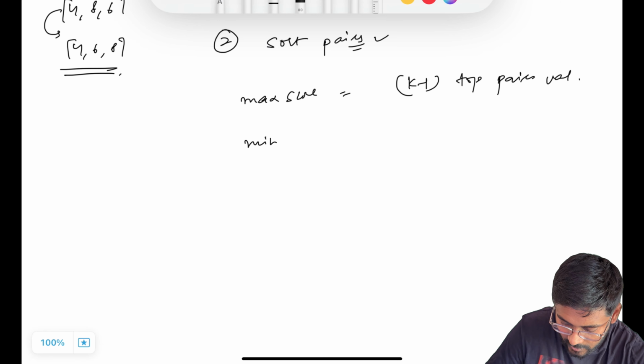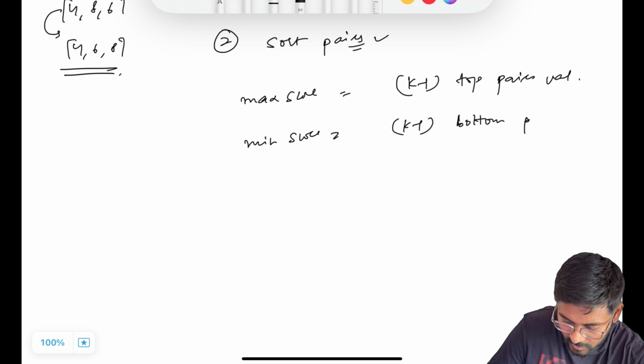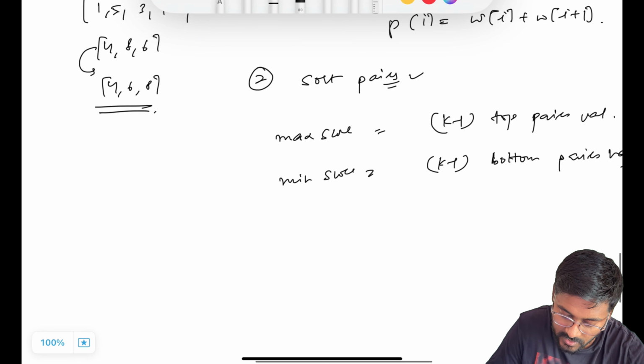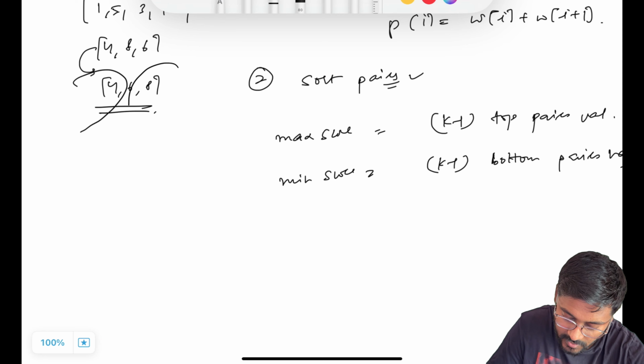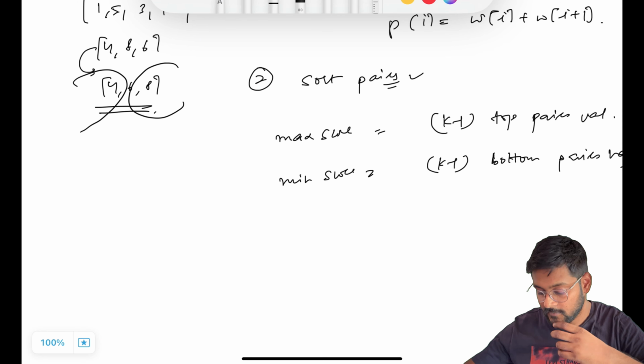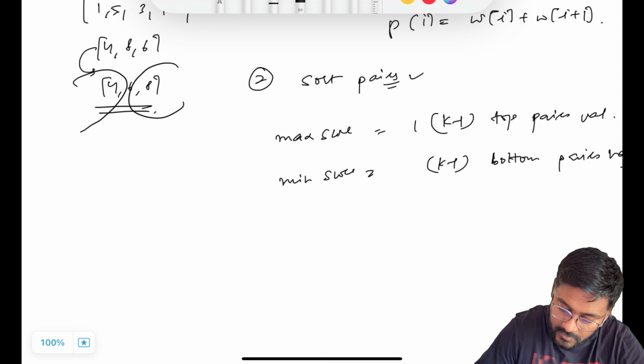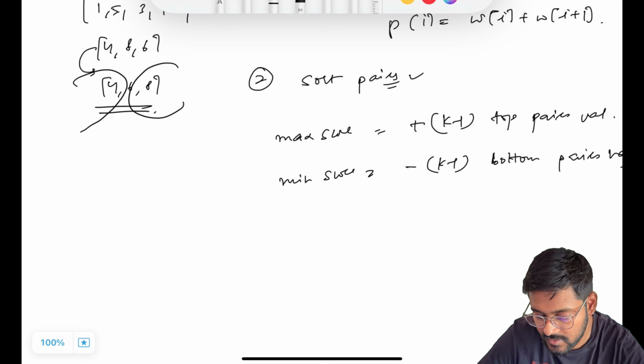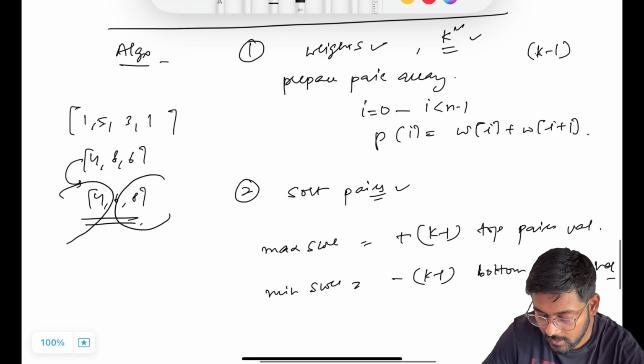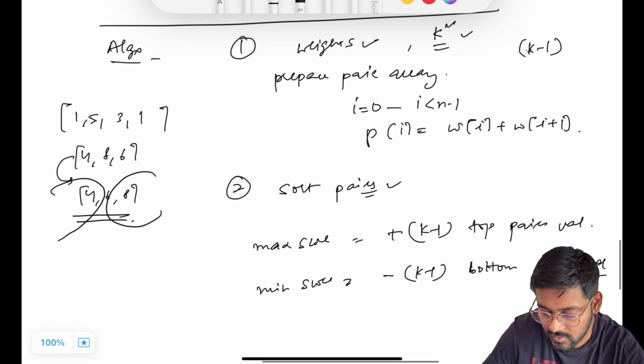To capture the minimum score, I want k minus 1 bottom pairs. So k minus 1 from the starting, k minus 1 from the ending, and just add the maximum values minus the minimum values, and you will get the answer. You have to sort it and pick the k values. Yeah, that's all we have to do.